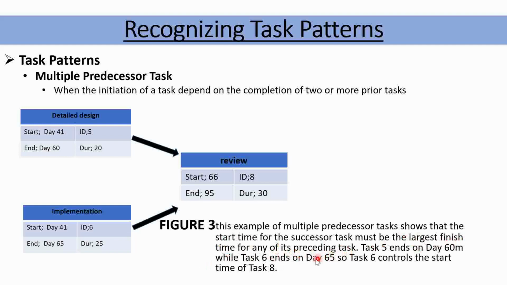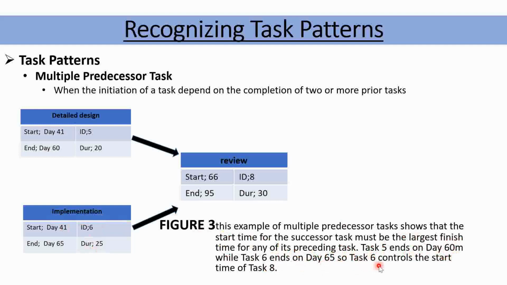So we found out that the largest finishing time was the one of the implementation task, which was 25. So it will control the start time of what? Of the successor task. Task 5 ends on day 60, while task 6 ends on day 65.